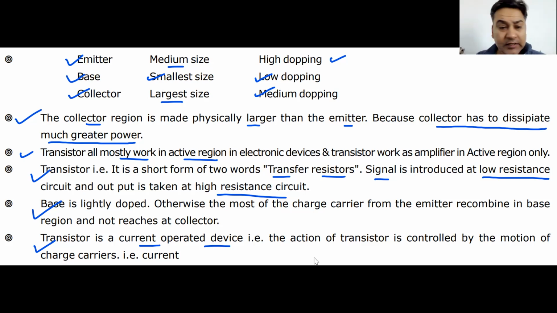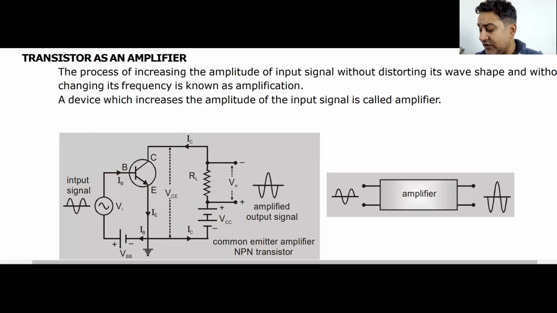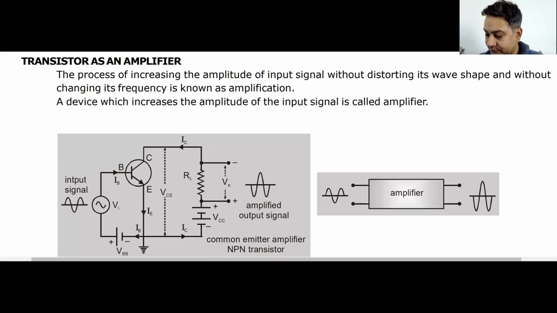The next thing is uses of transistor, and the first use is transistor as an amplifier. We can amplify using a transistor. What is an amplifier? Does everyone understand what an amplifier is?